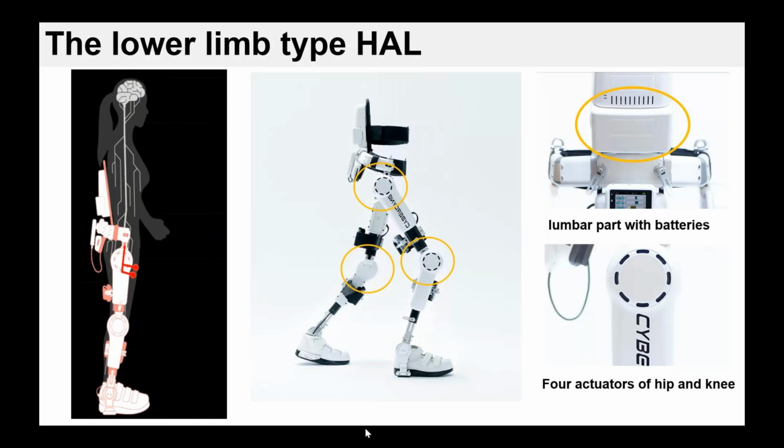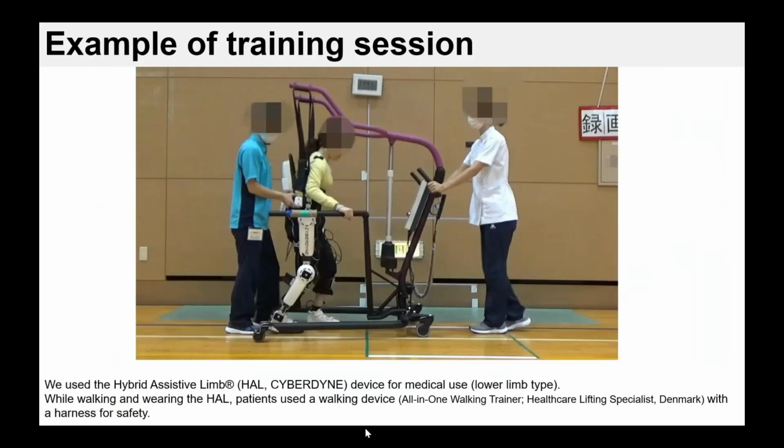Example of a training session. While walking and wearing HAL, the patient uses a mobile suspension system to prevent falling during the walking activity.